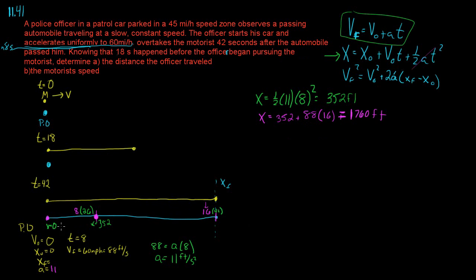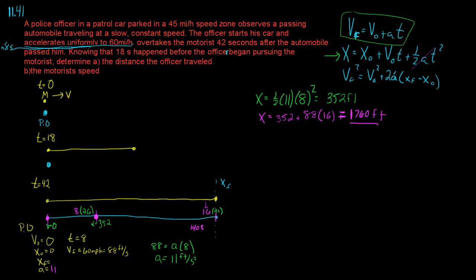So the total distance the officer travels is the distance he travels when accelerating, which was 352 feet, plus the distance he traveled at a constant velocity, which was 1,408 feet. If you add these two distances together, you get 1,760 feet.